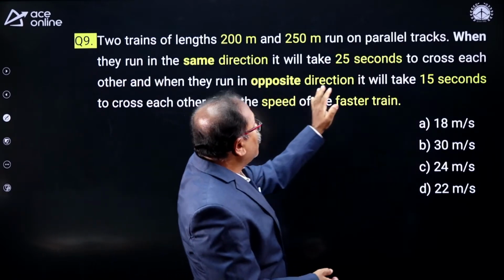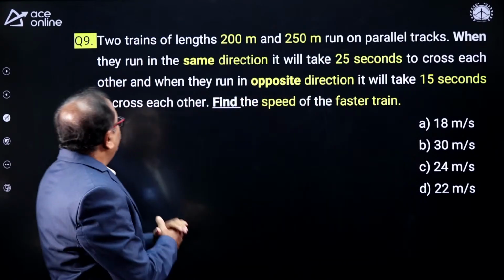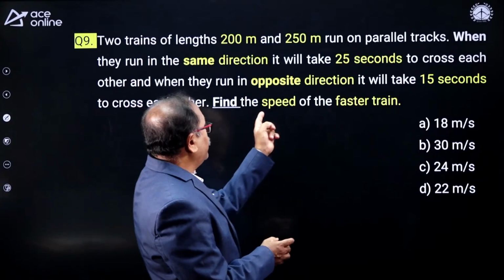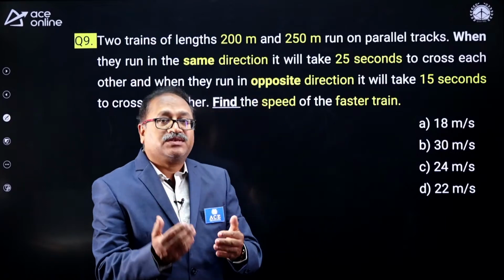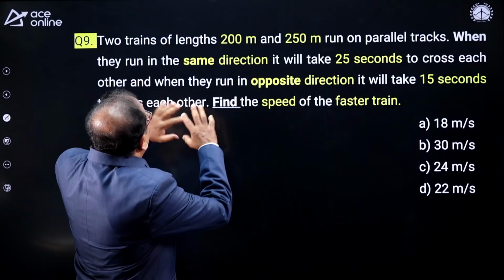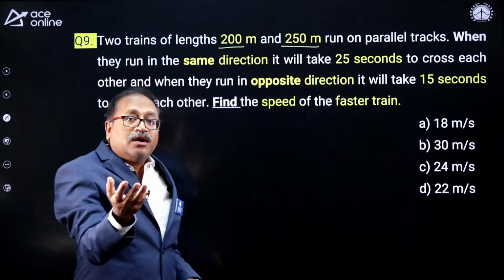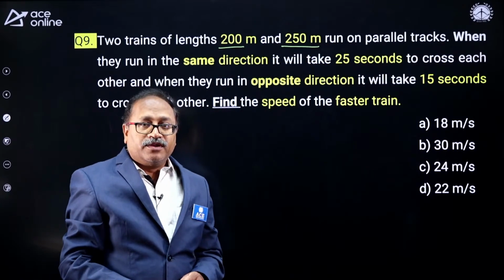And when they run in opposite directions, it takes 15 seconds to cross each other. Now you are asked to find the speed of the faster train.